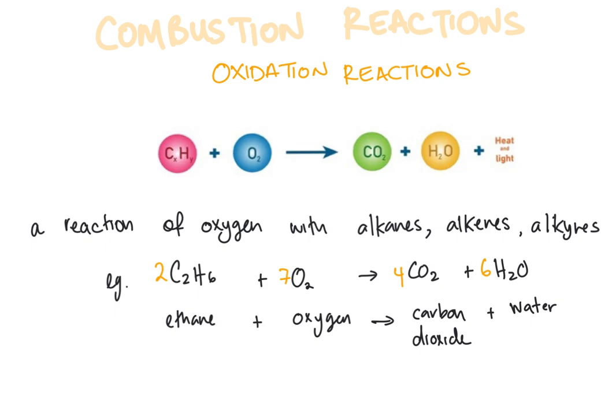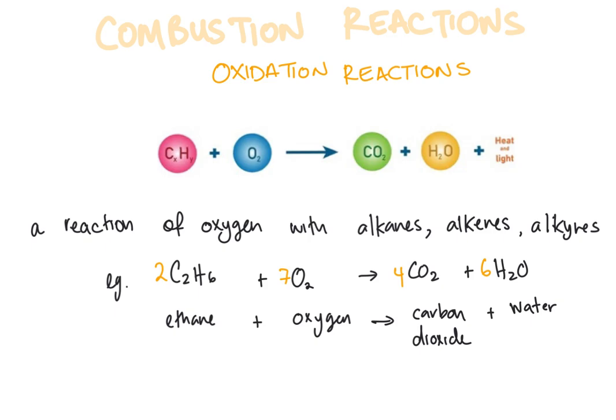Right, the first type of reaction we have is a combustion reaction, in other words, an oxidation reaction. You've come across this reaction quite often, and you were exposed to certain types of alkanes in these reactions in grade 10 and 11.